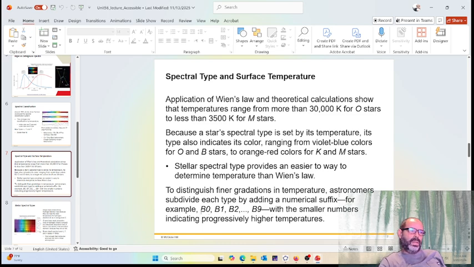The Sun, for example, is a G2 type star because it's between 5,000 and 6,000, but it's actually 5,800 Kelvin, closer to 6,000. That's why it's a G2 type star versus, for example, a G9, which is closer to 5,000 Kelvin.